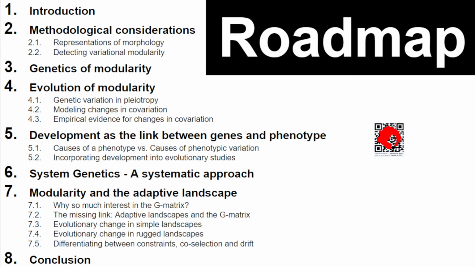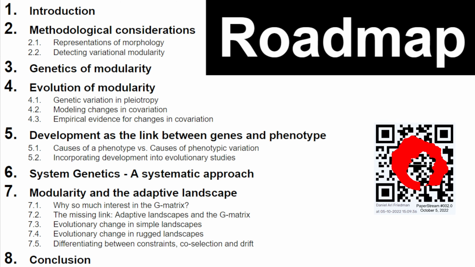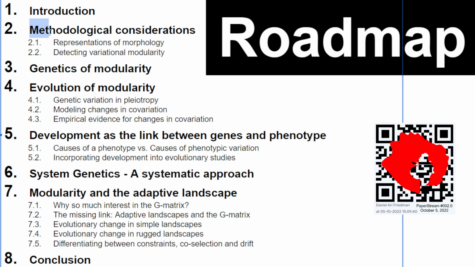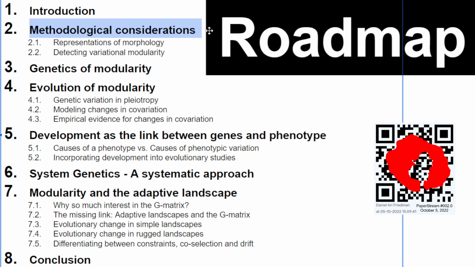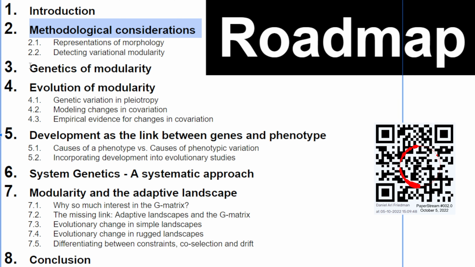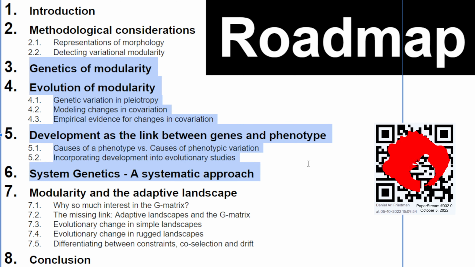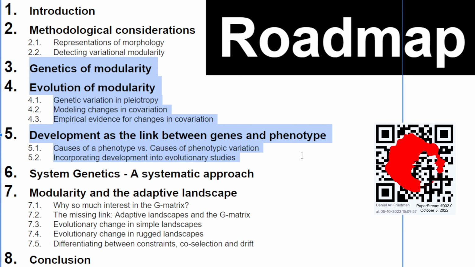First, taking a look at the roadmap and some of the sections that we'll be getting towards. The paper starts with an introduction, and section 2 is methodological considerations. That is where some of the definitions of modularity are going to come up. The paper then turns to explore the genetics of modularity over developmental and evolutionary timescales, looking at some theoretical and some empirical results in both areas.